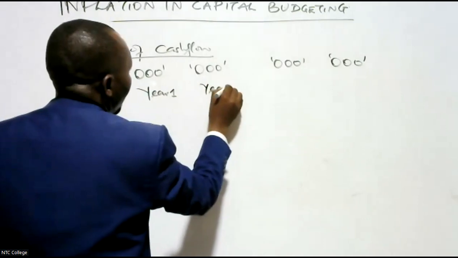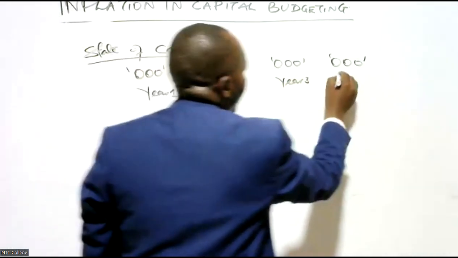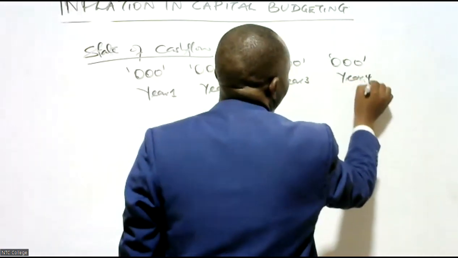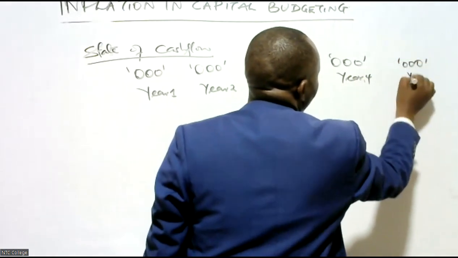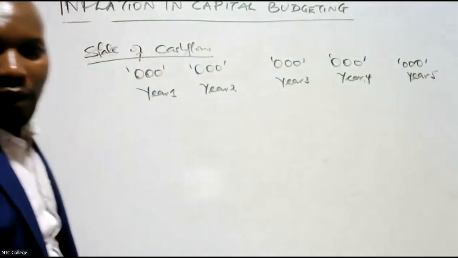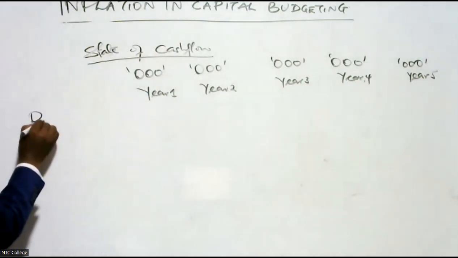year two, year three, year four. Then we have year five. So revenue for year one.